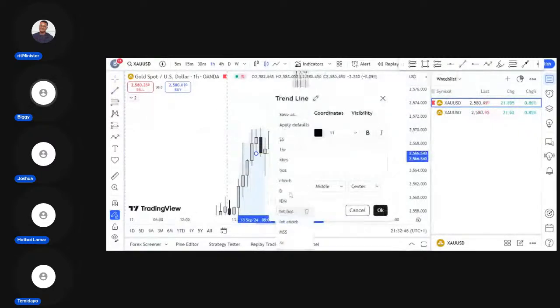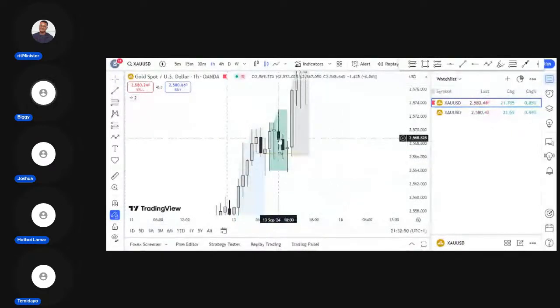The way I will know that this zone will violate or won't violate is this: when this market starts coming down to retest this zone, let's say this bearish candle closed below this zone, and it didn't leave a wick, it closed with a full body.